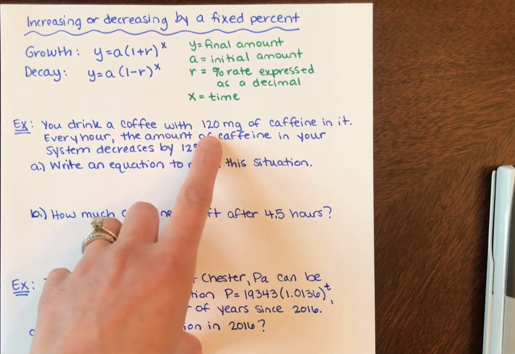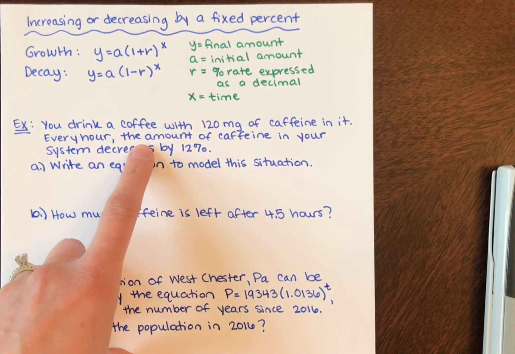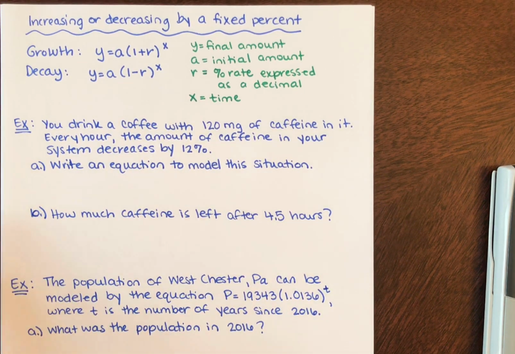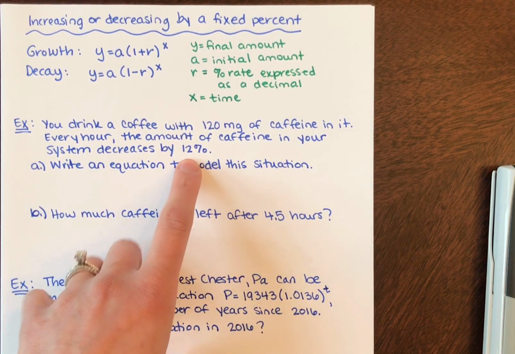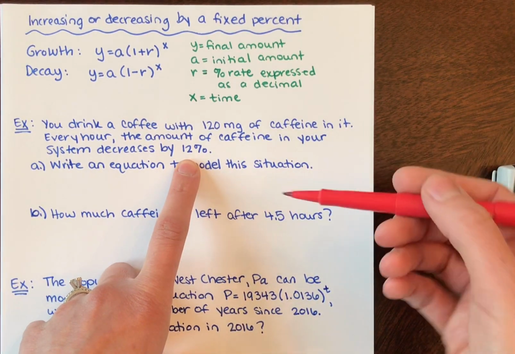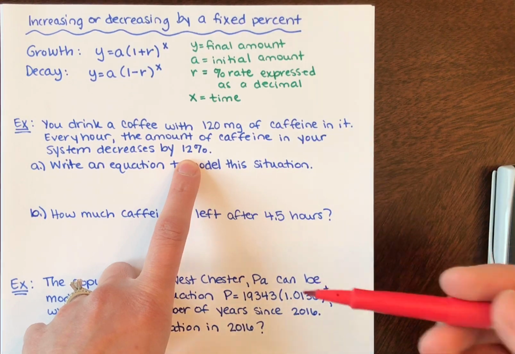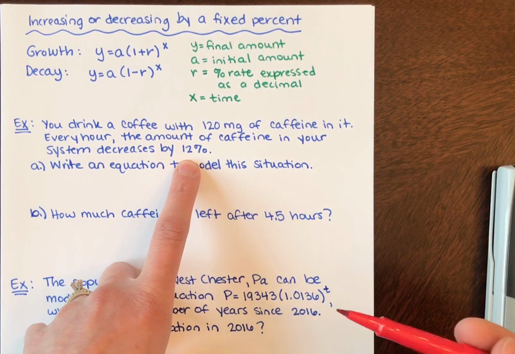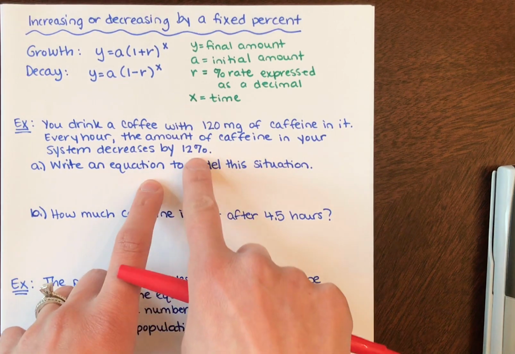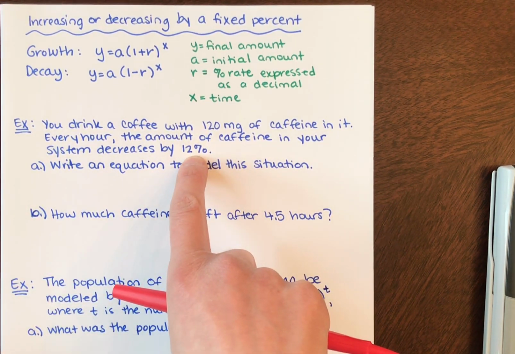You drink coffee with 120 milligrams of caffeine in it, and every hour the amount of caffeine in your system decreases by 12%. So after every hour we're going to be taking away 12% of what was in your system the previous hour. Now that number that's subtracting away isn't the same, but if you think about it, you're always multiplying by 12% each time and subtracting that.